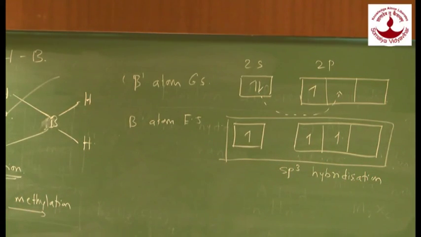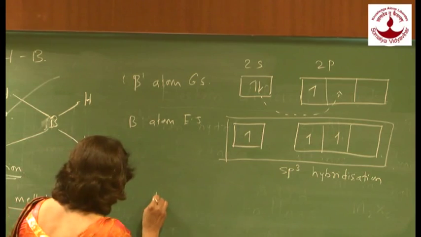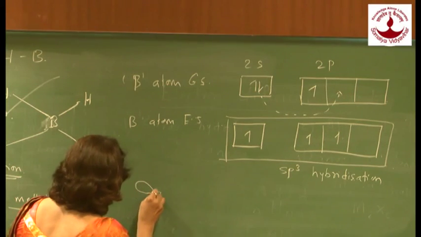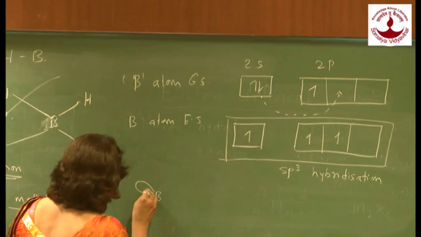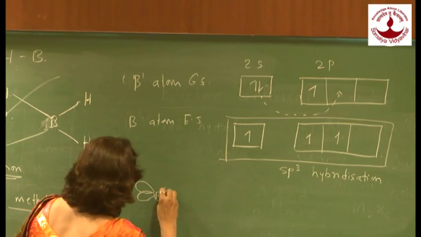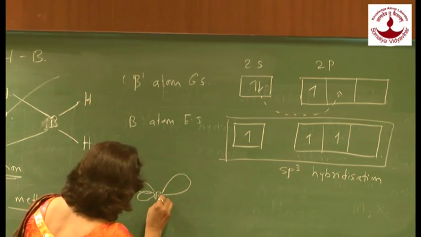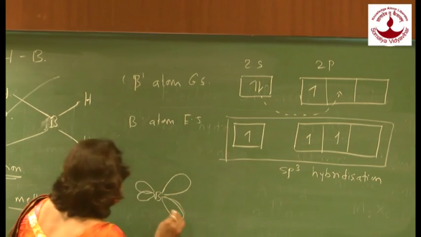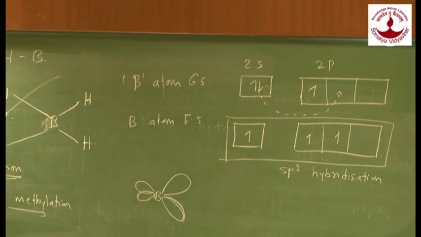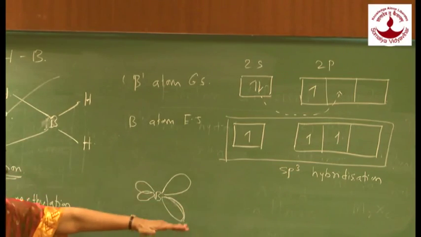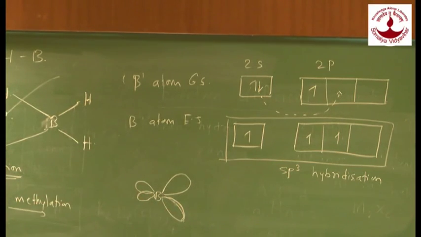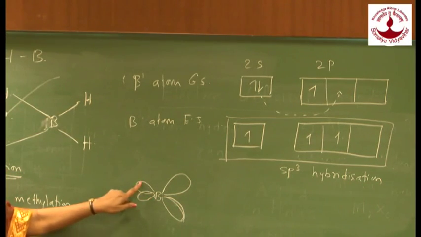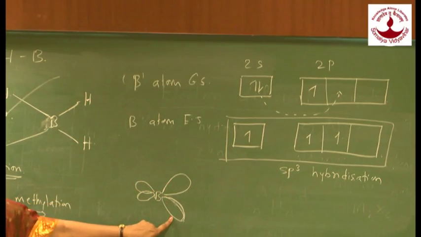Okay, so in the B2H6 molecule, the boron atom undergoes sp3 hybridization. Now this arrangement of 4 hydrogen atoms is approximately tetrahedral. Around each boron atom there are 4 sp3 hybrid orbitals.